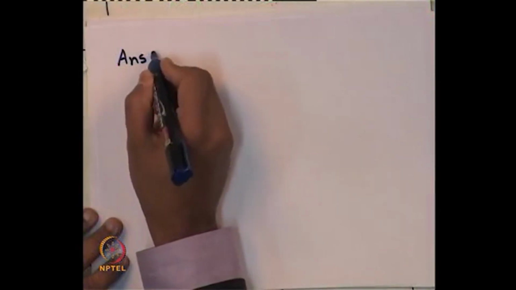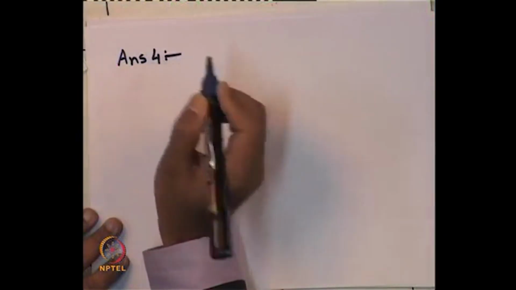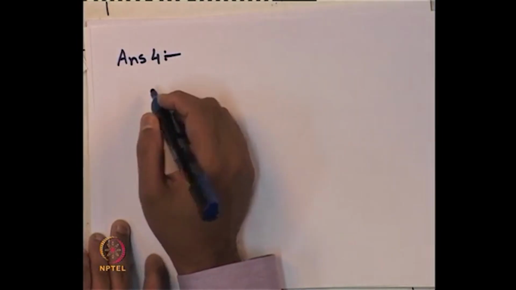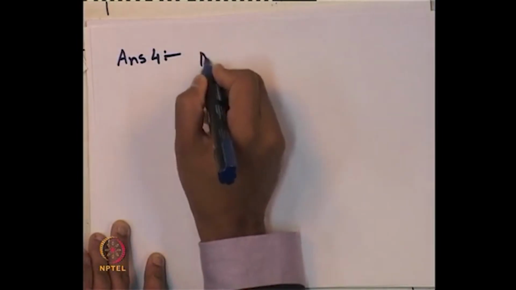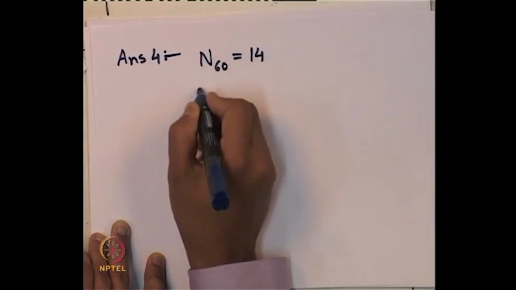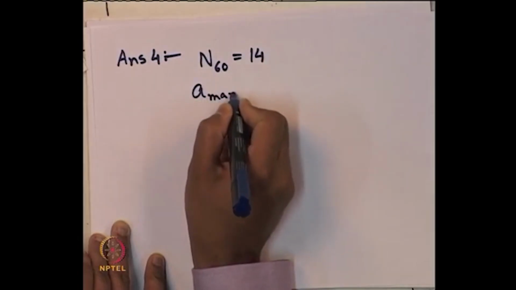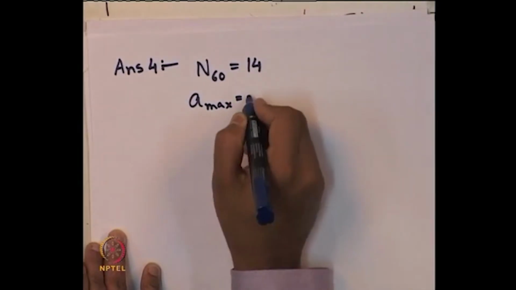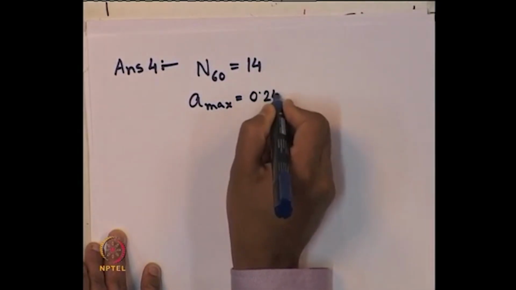Let us see how we can proceed to the solution of this problem. Let us first write down the given parameters for this problem number 4. We are writing N60 is given as 14, A max is given as 0.24 g.